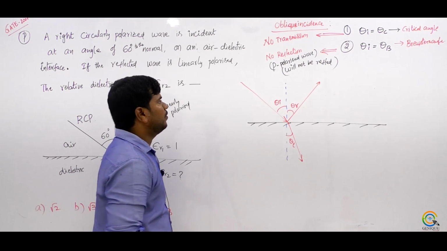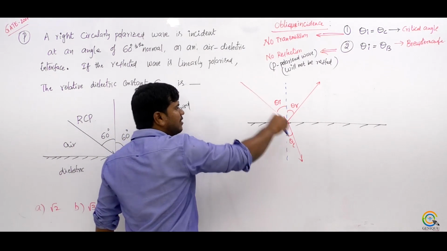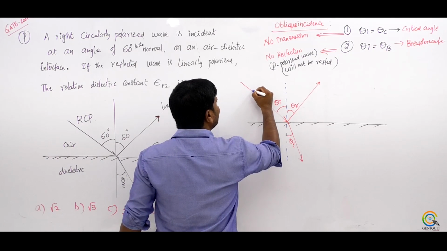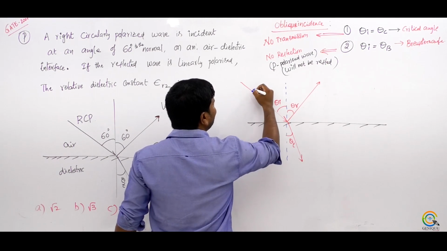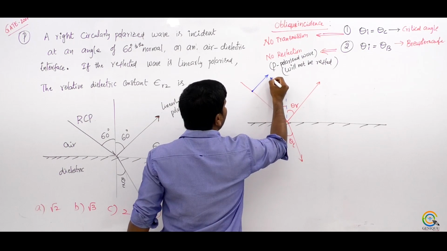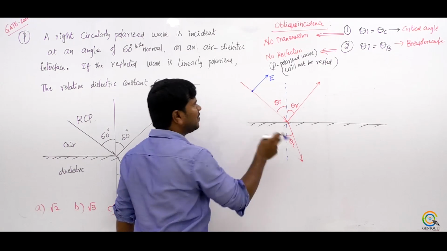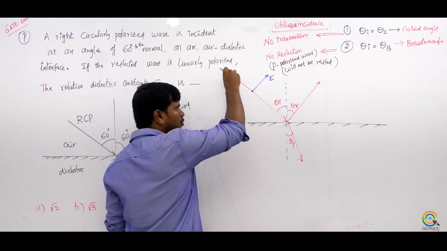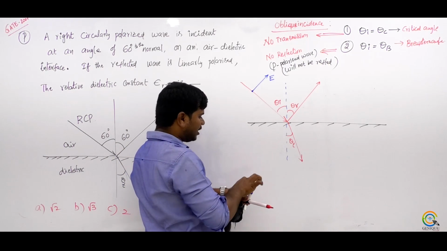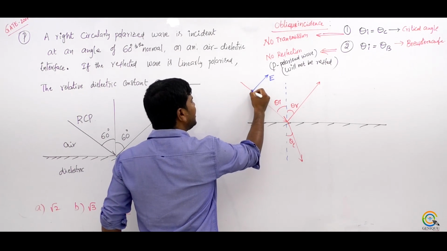Now if this is the EM wave direction, the electric field will always be perpendicular to the propagation direction. Then what will be the magnetic field? The magnetic field will be like this.